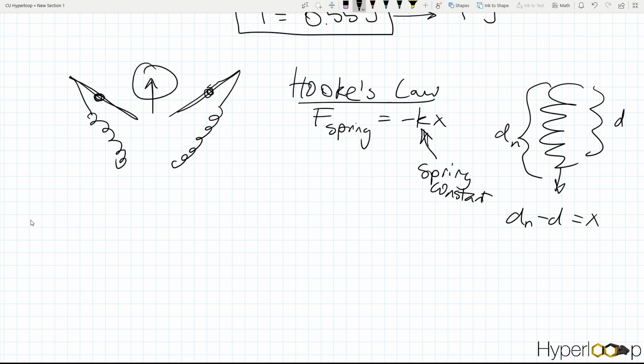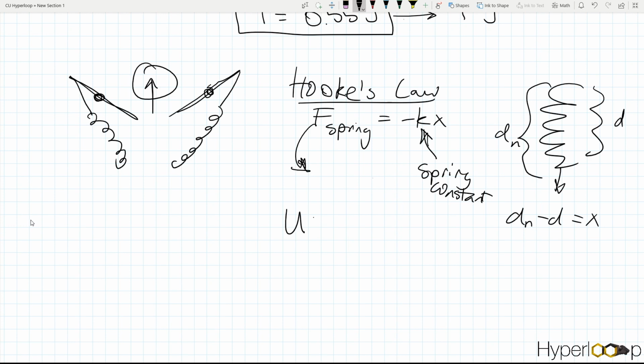Another thing you can do with this equation is integrate it, which is just a fancy word for figuring out the net effect of the whole motion of the spring, rather than just a single point.